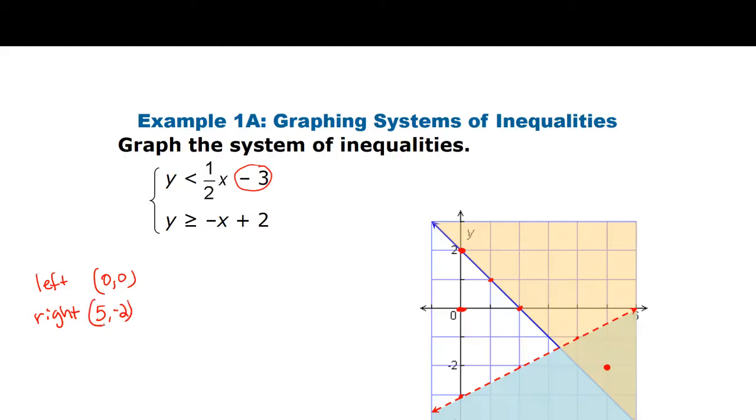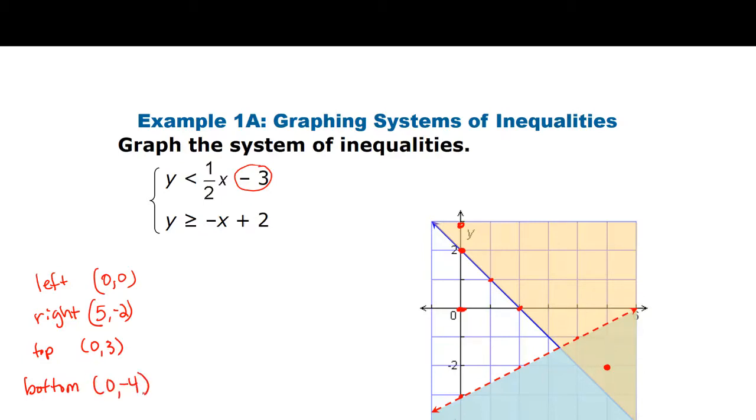We also should check the top. Let's try 0, 3 up here. Top is going to be 0, 3. And let's try something in the bottom quadrant, which would be, let's say 0, -4. So that's going to be our bottom. Okay, 0, -4.